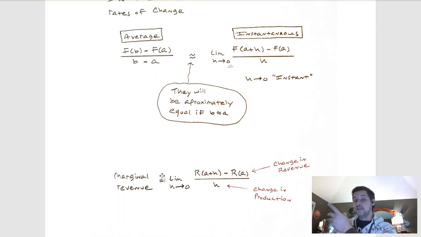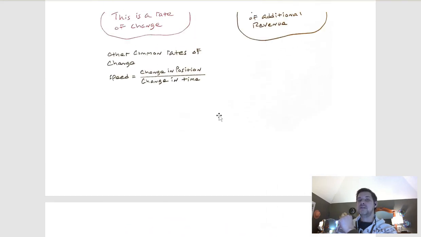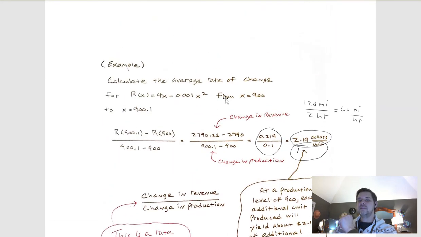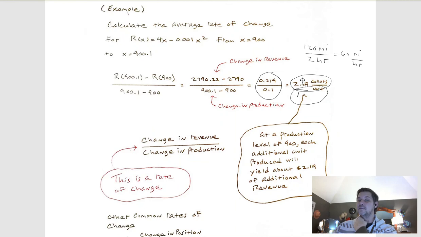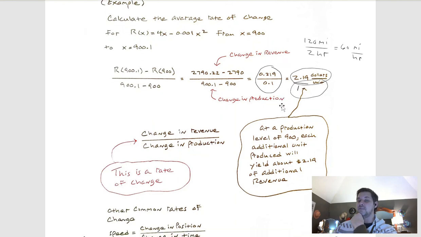And you'll find that you can test out this claim I just told you. The average and the instantaneous rate of change will be approximately equal if B and A in the average are really close to each other. We'll look at it like this. I did this example with this average rate of change where I got 900 and 900.1. Those are close. And the answer I got for this was $2.19 per unit.